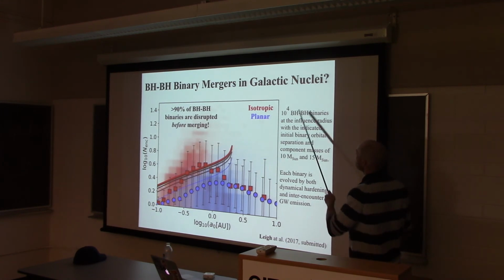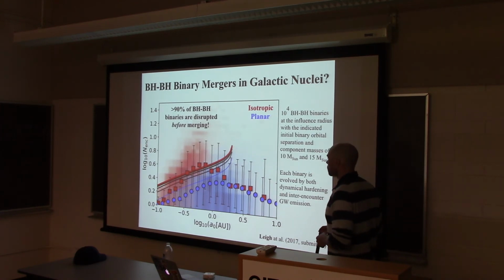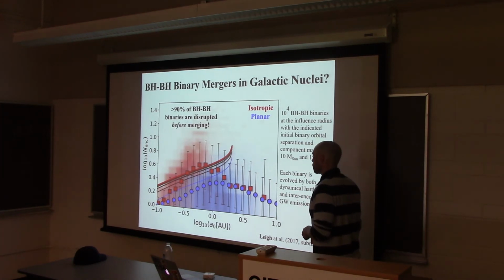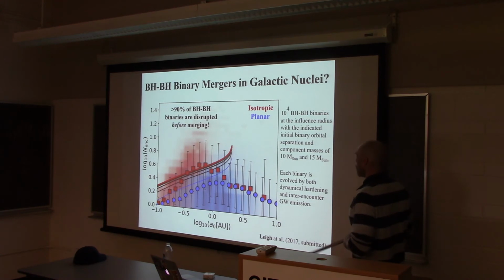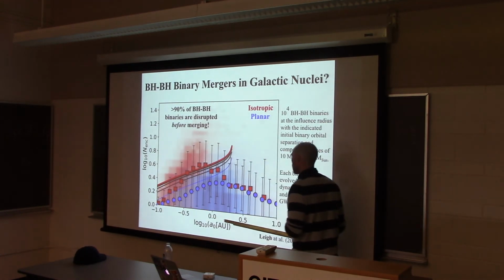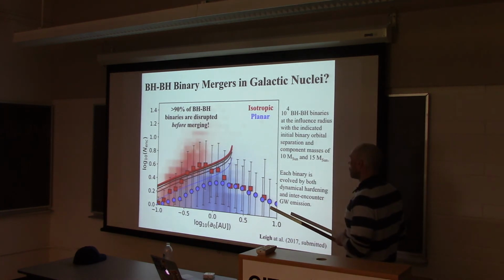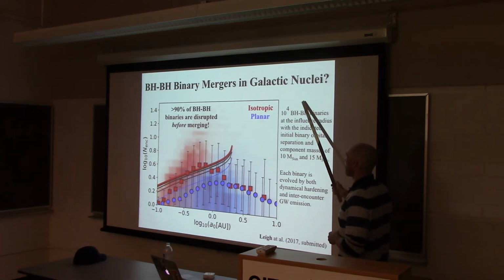We put each of these binaries at the influence radius, which gives us a rate of encounters with single stars in the surrounding nuclear environment. Then for each black hole binary, we randomly sample some initial separation between about 1 and 10 AU. For each black hole binary, we have a time scale for it to be encountering other single objects and experiencing these three-body scattering interactions.